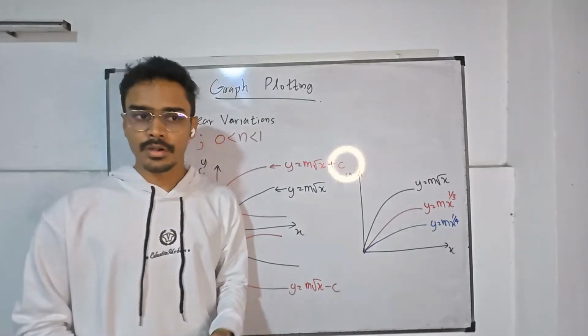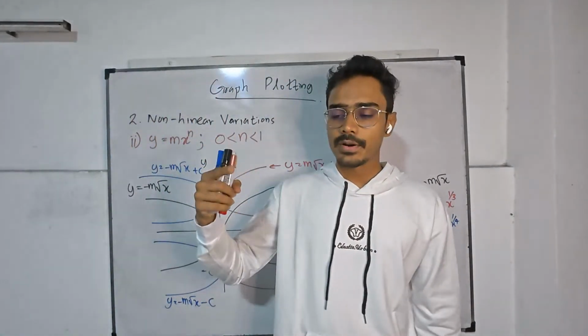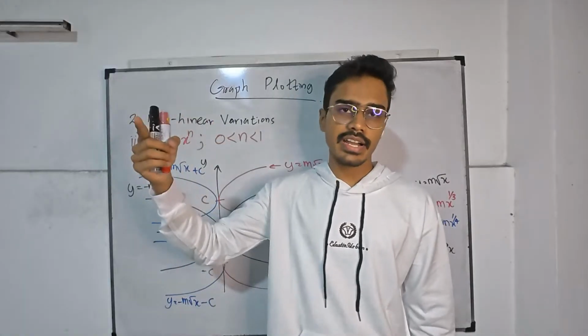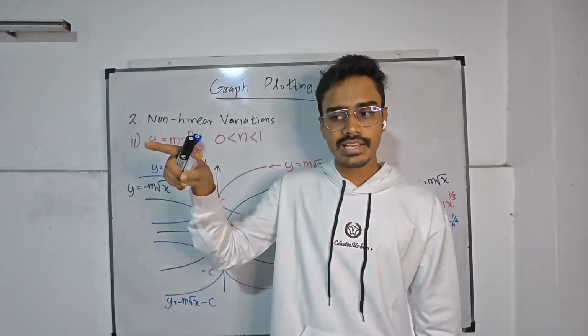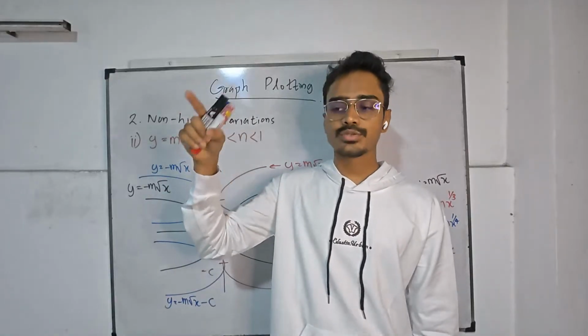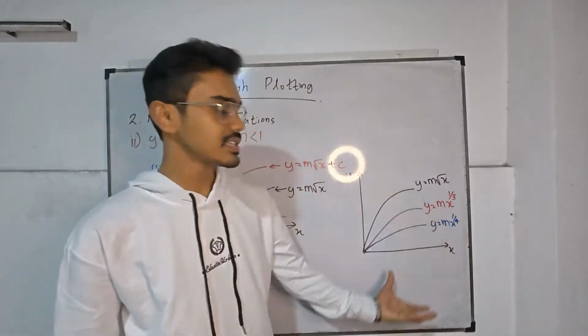Right? Compare these things. Now in the first one, I brought y equals mx squared, mx cubed, and mx to the power 4. And here I have m root x and mx to the power 1 over 3 and mx to the power 1 over 4. Right? So this is how it plots.